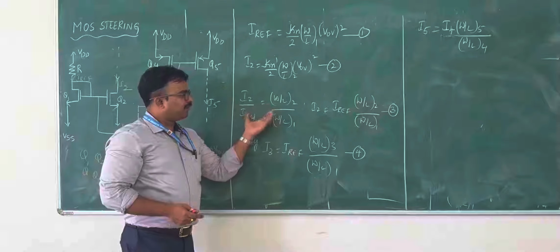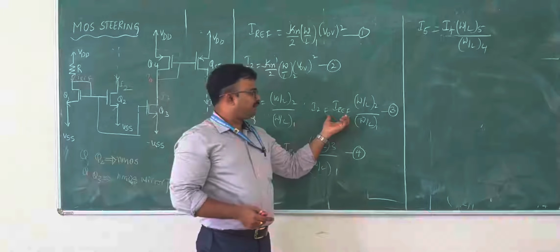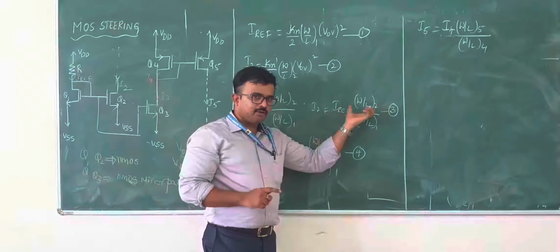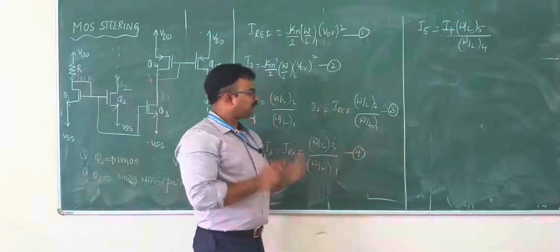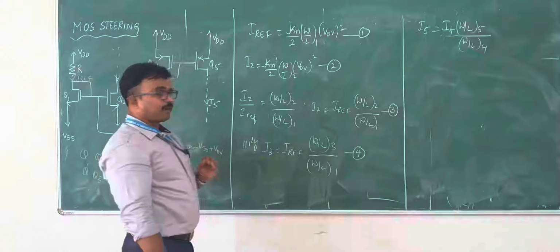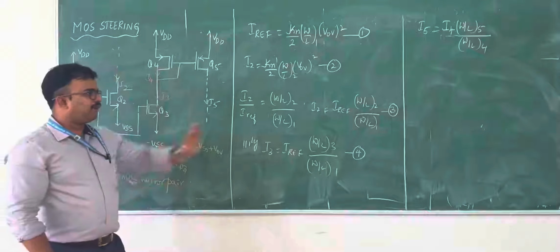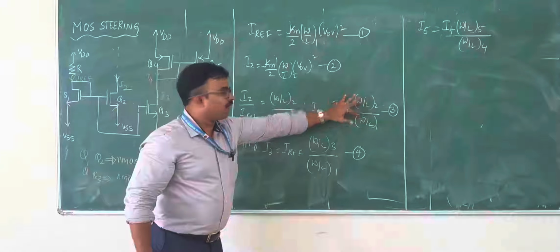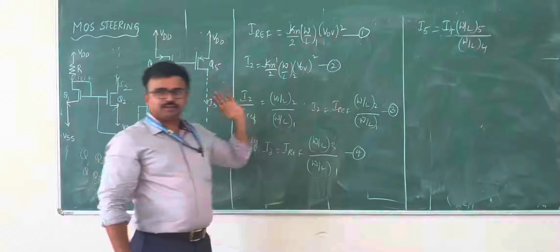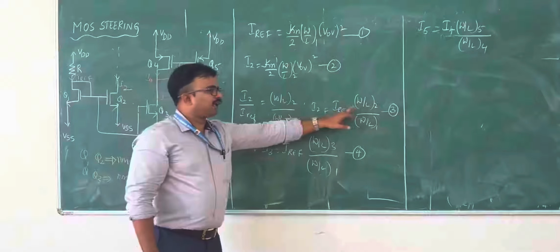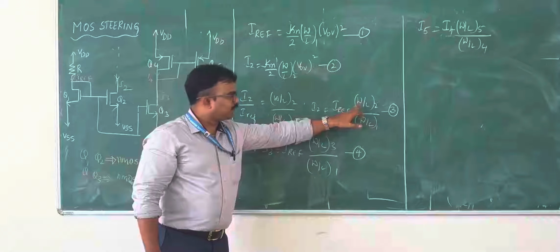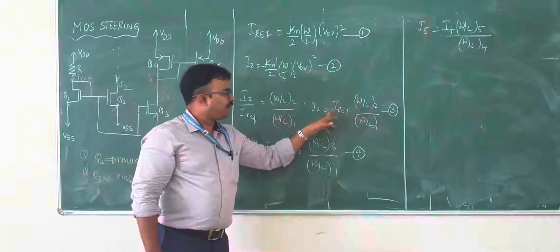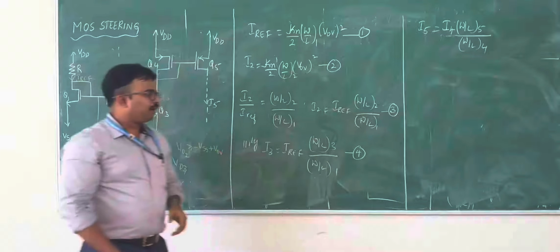When I simplify this, I2 is I reference into W by L of second divided by W by L of first transistor. What does it mean? When the lengths are the same for a particular technology and the widths are equal, I2 will be I reference. If the width of the second transistor is much greater, I get I2 to be of higher magnitude.